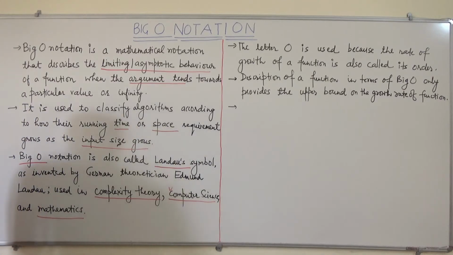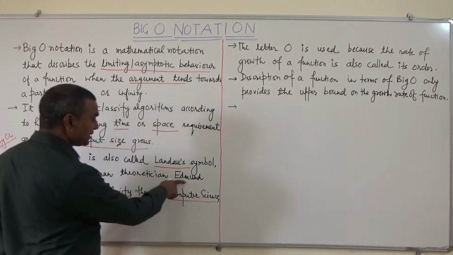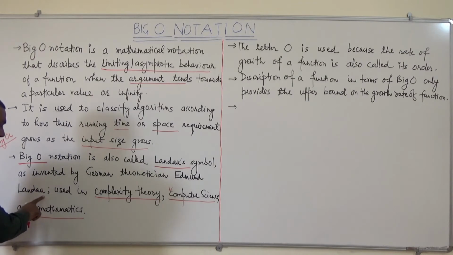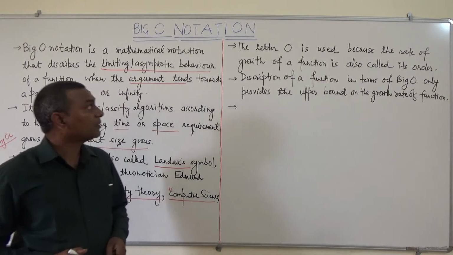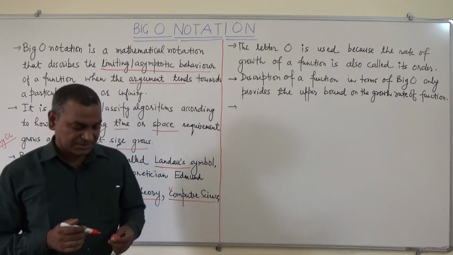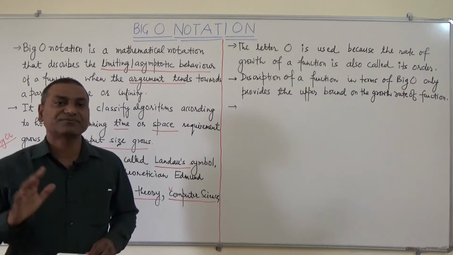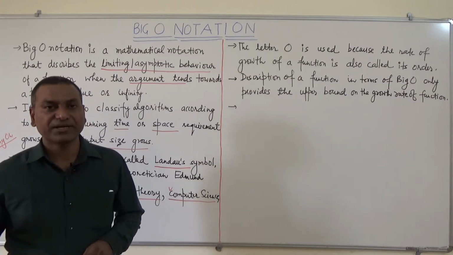This big O notation is pronounced as big O. It was invented by the German theoretician Edmund Landau, that's why it is also known as Landau's symbol. Now this letter O is a capital letter O, which is different from the small o. The meaning of small o is different.